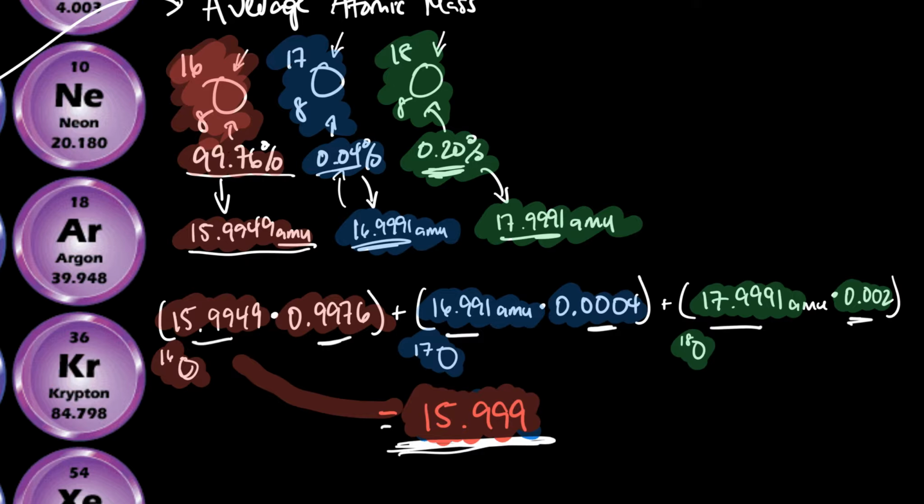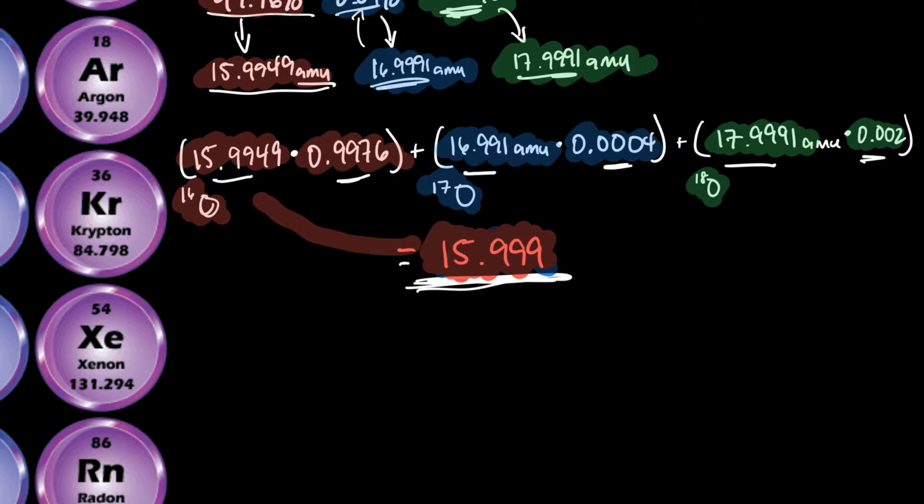All right, so let's go through another example. We're given the isotopes of neon. So we have neon 20, neon 21, and neon 22, and we're given the masses of each of them.